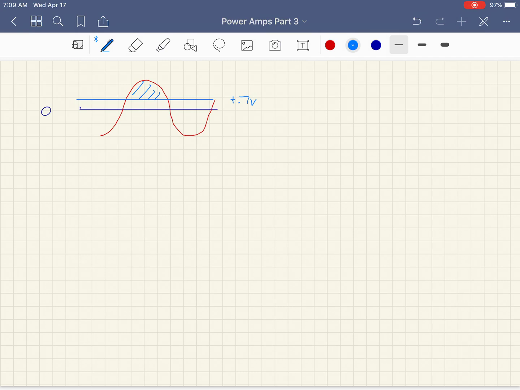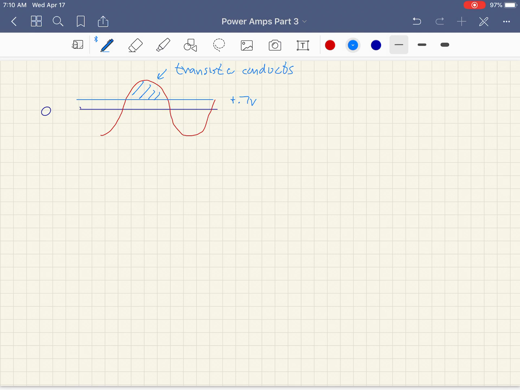So the transistor conducts when the input is greater than 0.7 volts. Okay, so this is what you're seeing. You're not seeing the entire positive half cycle of the input.